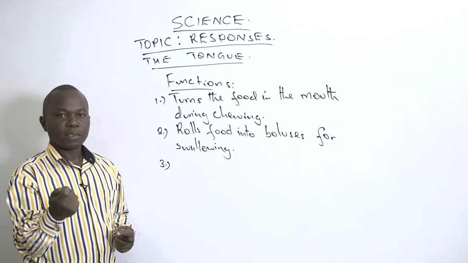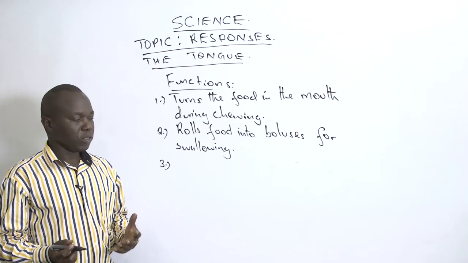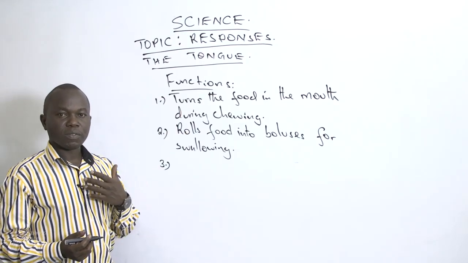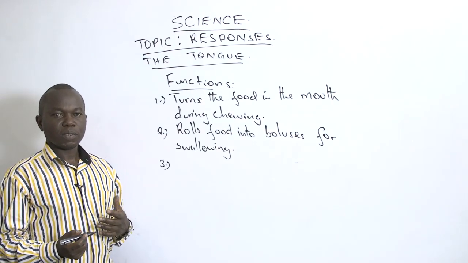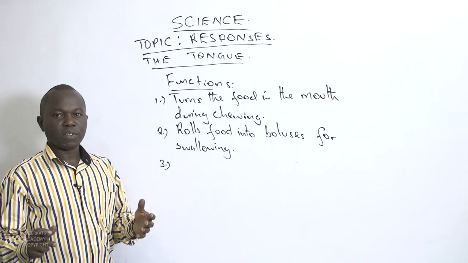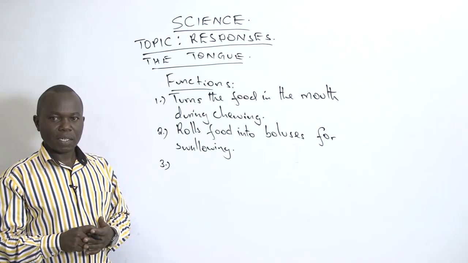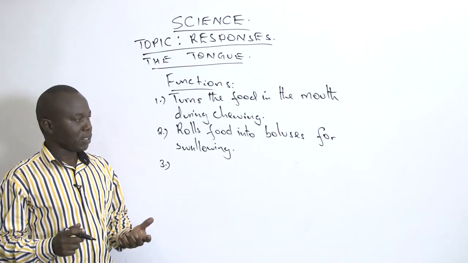Now, apart from that, again, the other role of the tongue. Right now, I'm communicating to you. I'm producing different kinds of sound because of the tongue. We have the larynx or the voice box, which produces sound, but that sound could be uniform. It's the role of the tongue now to produce different words.